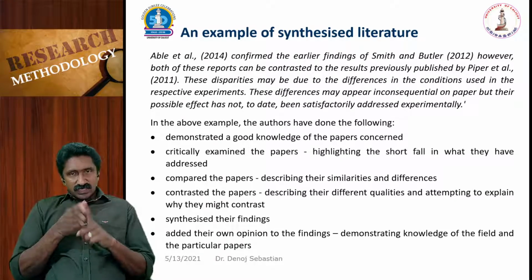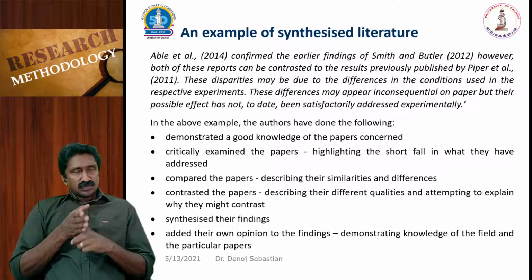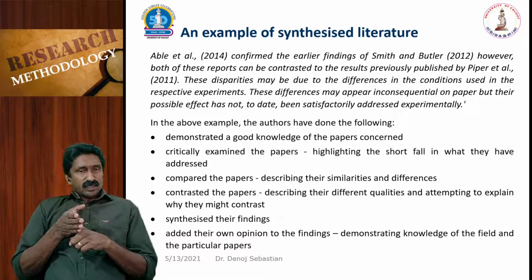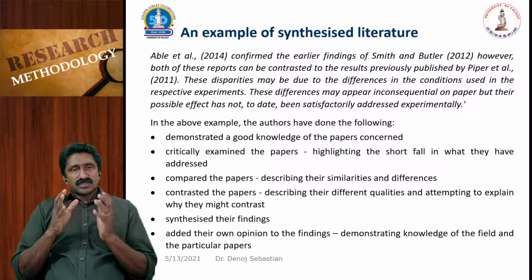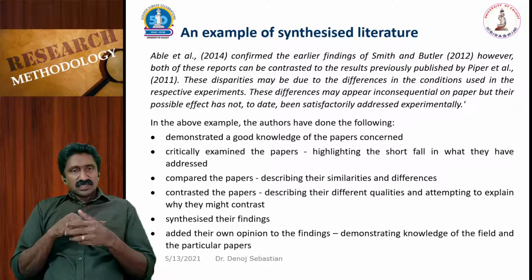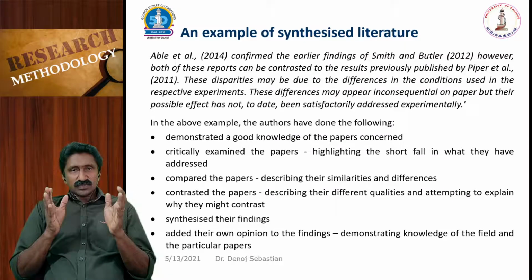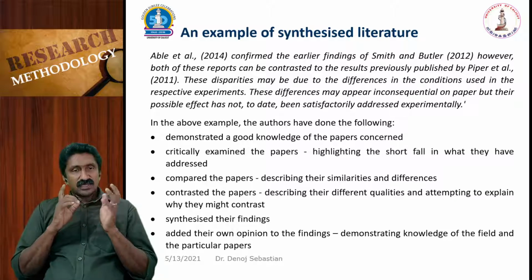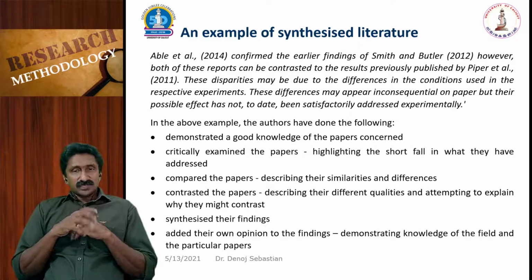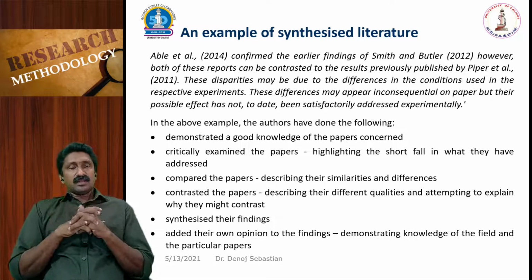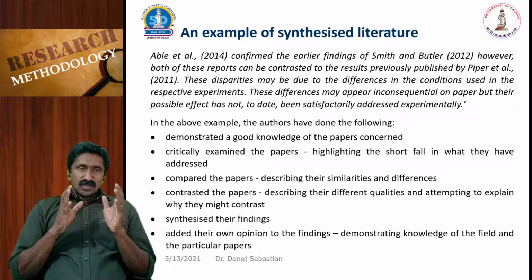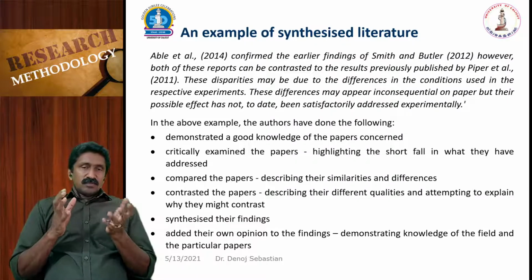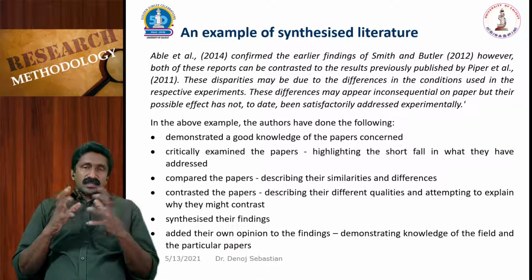They contrasted the first two papers with the observations of the third one, describing their differences and attempting to explain why they might contrast. Then they synthesized their findings into a very abstract sentence and added their own opinion to the findings, demonstrating knowledge in the field and the particular papers. So this is a good example of how to write the literature.